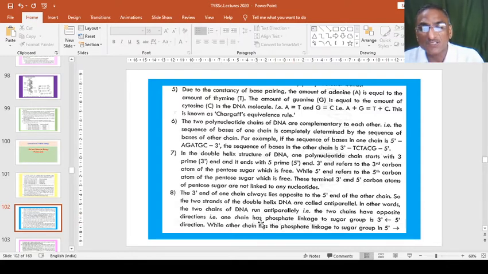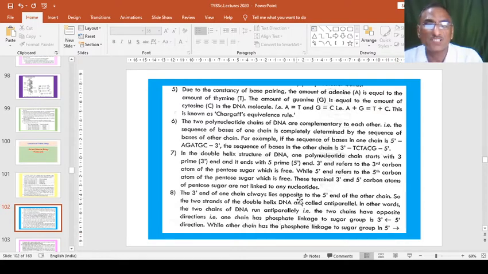That is, one chain has the phosphate linkage to sugar groups in the 3' to 5' direction, while the other chain has the phosphate linkage to sugar groups in the 5' to 3' direction.